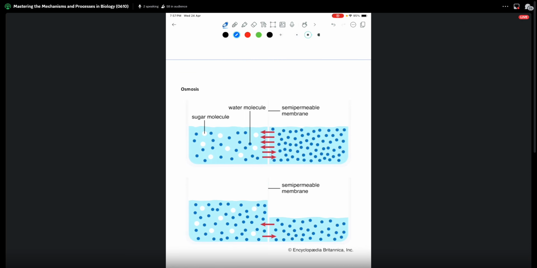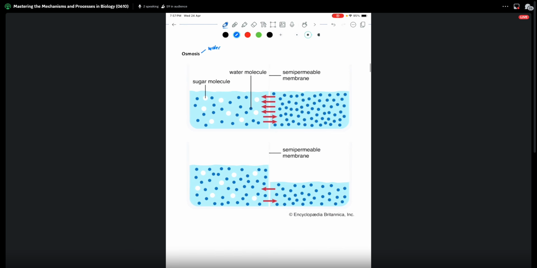Now we'll enter osmosis. For osmosis, it will always involve water molecules. To not confuse you guys, we will take water and some salts. When we have a high amount of salt, we call this high solute concentration. I think you should get this part.